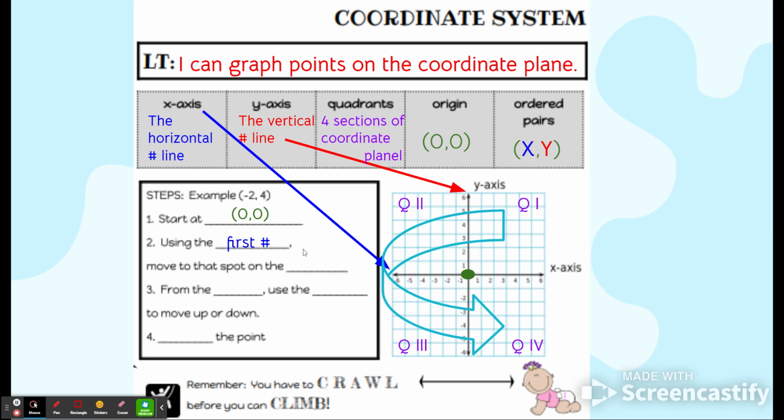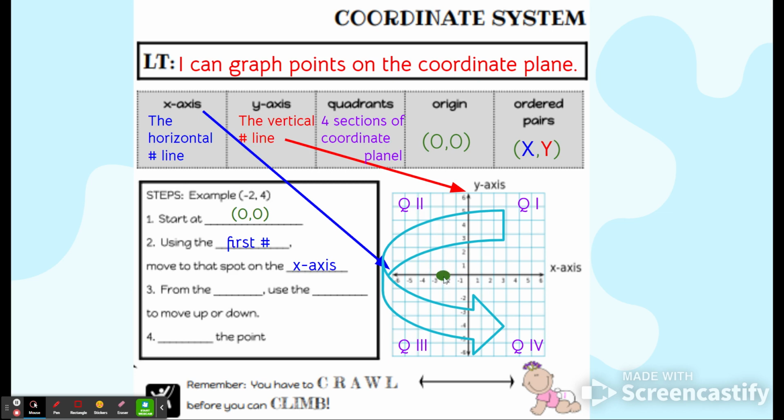To move to that spot on the x-axis, which is our horizontal number line, right? Left to right. So we're starting at our origin. Our number is -2, which means we need to go to the left 2 spots.